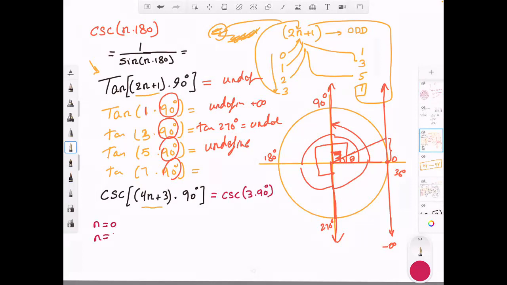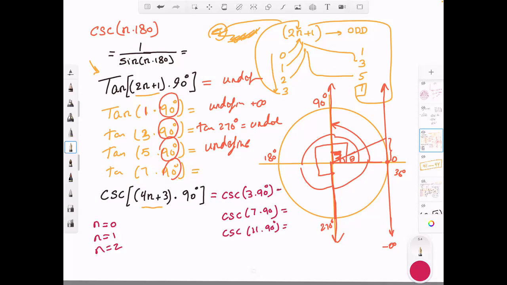If n equal to 1, we're going to get cosecant of 7 times 90. If n equal to 2, we're going to get cosecant of 8 plus 3, 11 times 90. So we will get not all the odd numbers, but every other odd number here.